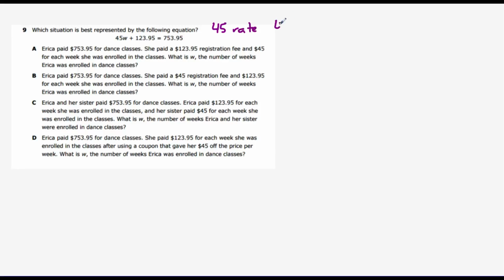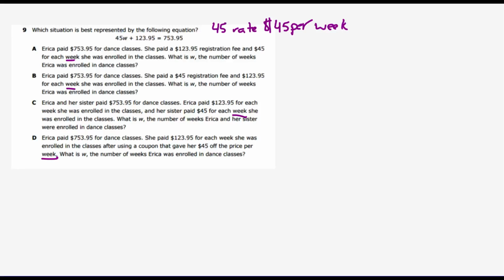So it should look like 45, and all these are dollars, so it's going to be $45 per, and I'm pretty sure weeks, and weeks. So 45 per week is what 45W should stand for.